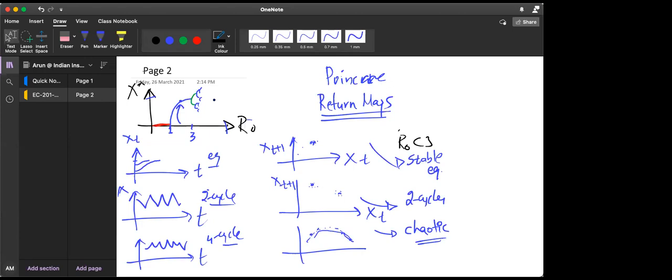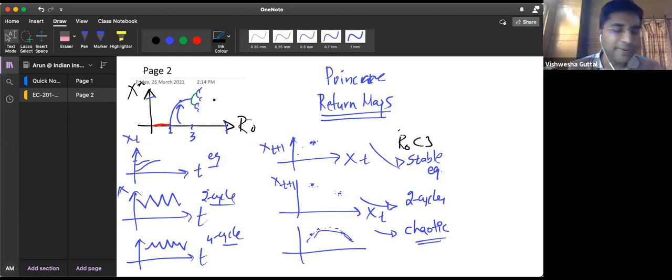But usually there is a tendency to pick Ricker over logistic, primarily because of a weird feature of the logistic model: when R0 is greater than 4, you get a negative value of population density, and when X goes greater than K, we have the same problem again, right?